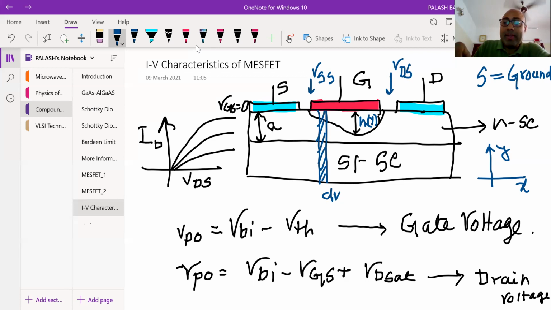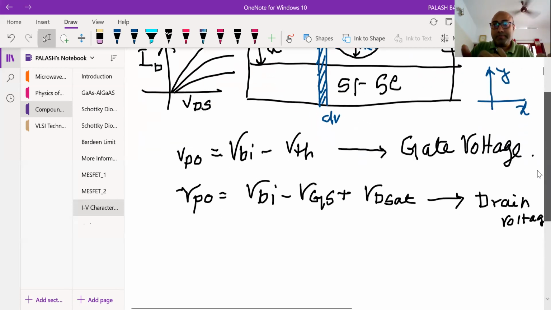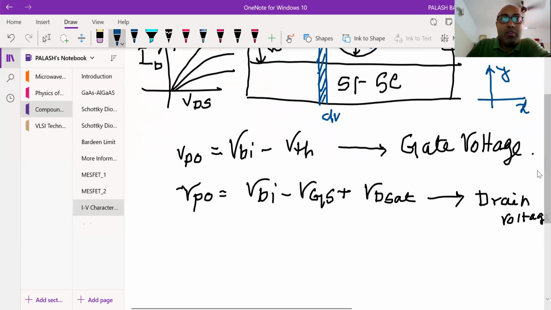Okay, so let us try to draw the part. You know how to do it. You know V is equal to IR. That's very common. So let me write dV.